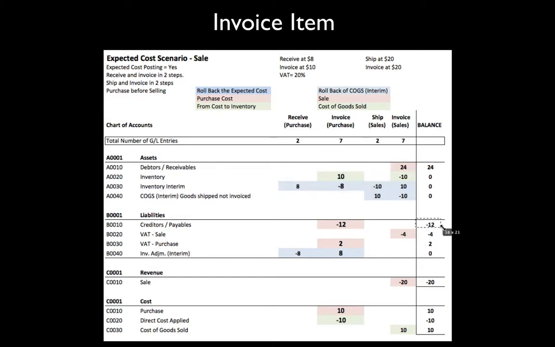Our creditors need to be paid $12, and we need to pay the tax authorities a total of $2. On top of that, we've made a sale of $20, and summarizing this, the cost section tells us that we've had a cost of 10 in total, and it's booked on this account.